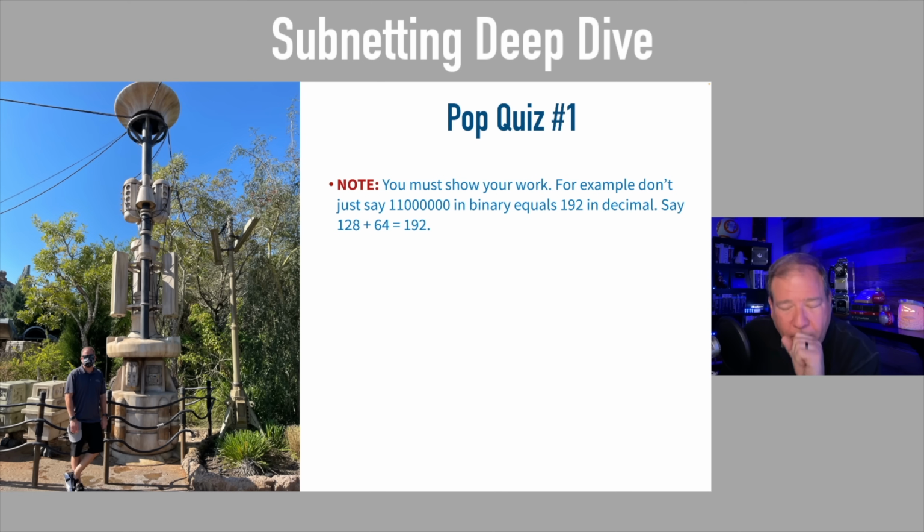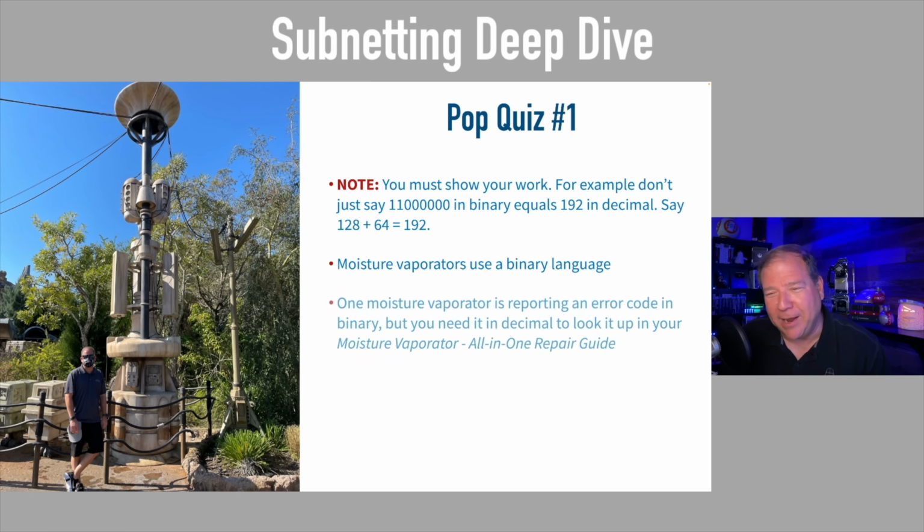So here is your scenario. Moisture evaporators, as we know, use the binary language. And we've got one moisture evaporator on our moisture farm that's reporting an error code in binary. But we've got our moisture evaporator all-in-one repair guide in front of us, and all the error codes are in decimal.